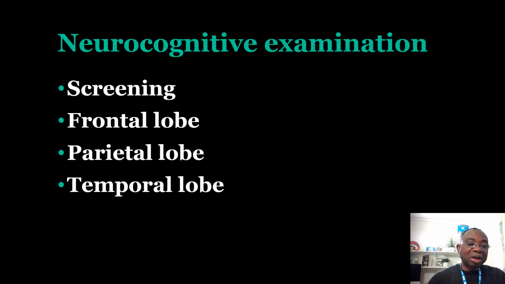Abstract thinking can be tested with proverbs or similarities and differences. Example: what is the difference between a cow and a horse, or what is common between the two? The next is ability to solve problems, which includes verbal fluency. Example, spontaneous word generation: more than 17 words starting with S in 1 minute, and more than 13 for F.